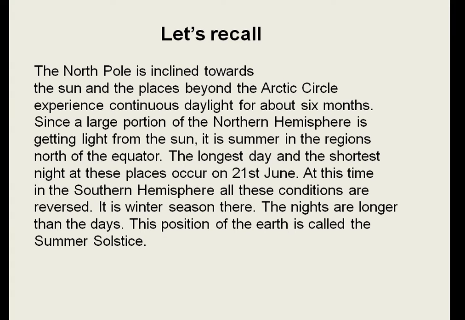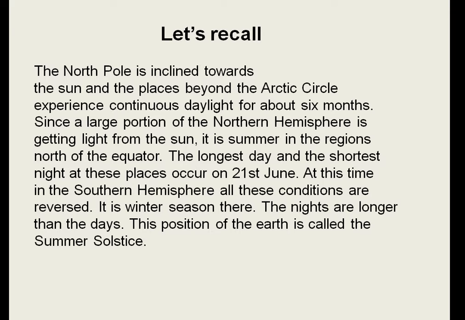Next, the North Pole is inclined towards the sun and places beyond the Arctic Circle experience continuous daylight for about 6 months. Since a large portion of the Northern Hemisphere is getting light from the sun, it is summer in the region north of the equator.